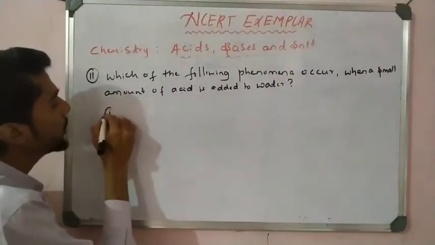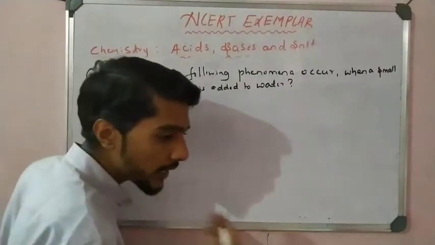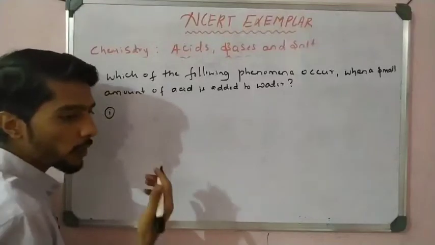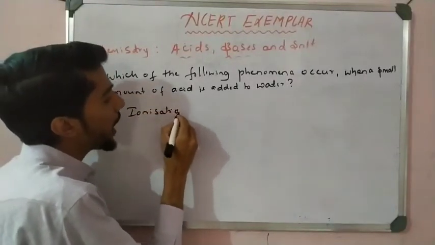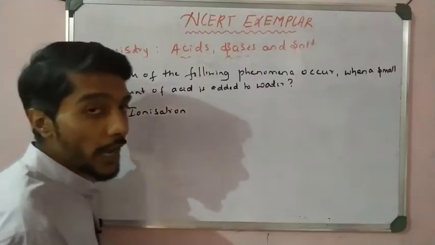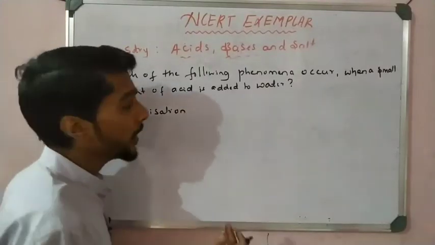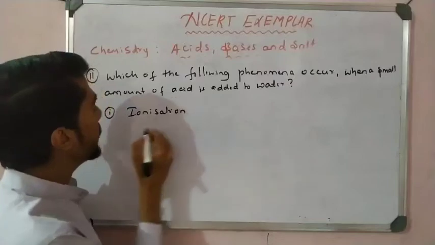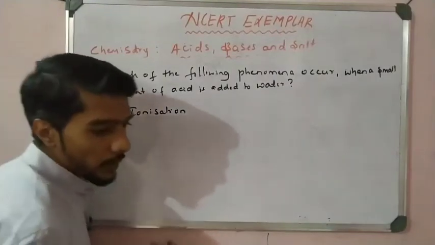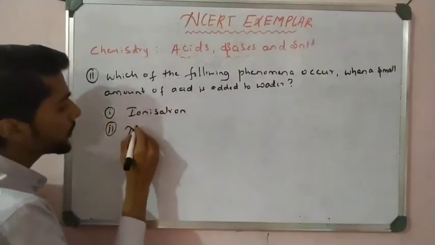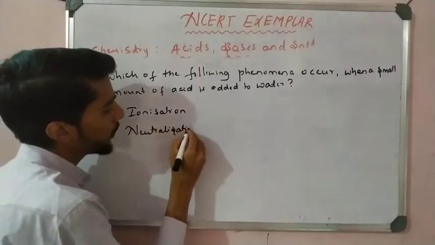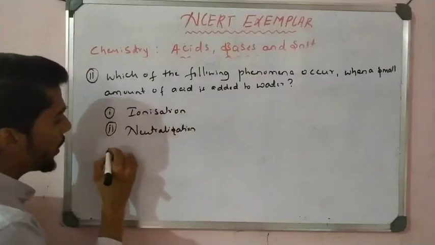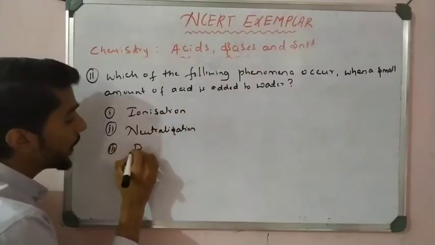So see what happens. There are 4 observations. Select the correct ones. First one is ionization takes place. Ionization means the formation of ions, right? Statement number 2, neutralization takes place. Statement 3, dilution.